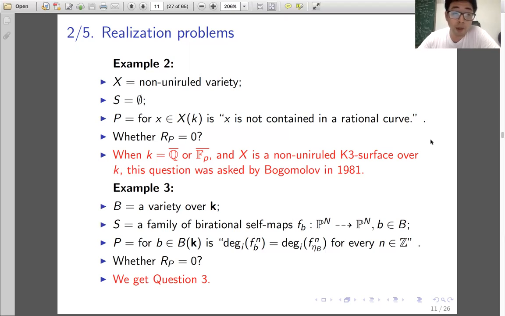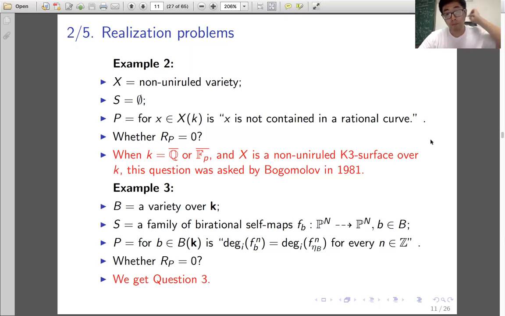And example 3: here we let B be a variety over K, S is a family of rational self-maps f_b: P^n to P^n, and the property P for a point b is that degree_i(f_b^n) equals degree_i(f_η^n) for every n in Z. Then if we ask whether R_P equals 0, we get our question straight.